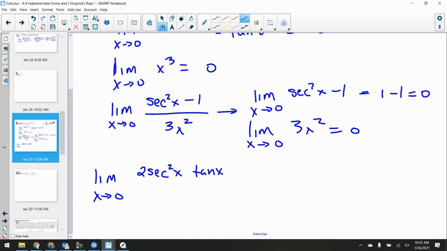Why is that the case? Because remember, secant x squared is secant squared x, right? That's the notation there. So this is technically a chain rule. So it would be the derivative of secant squared would be 2 times secant x, and then find the derivative of secant x, which is secant x tangent x. So if I wanted to write it out, it would be 2 secant tangent, which is 2 secant squared tangent.